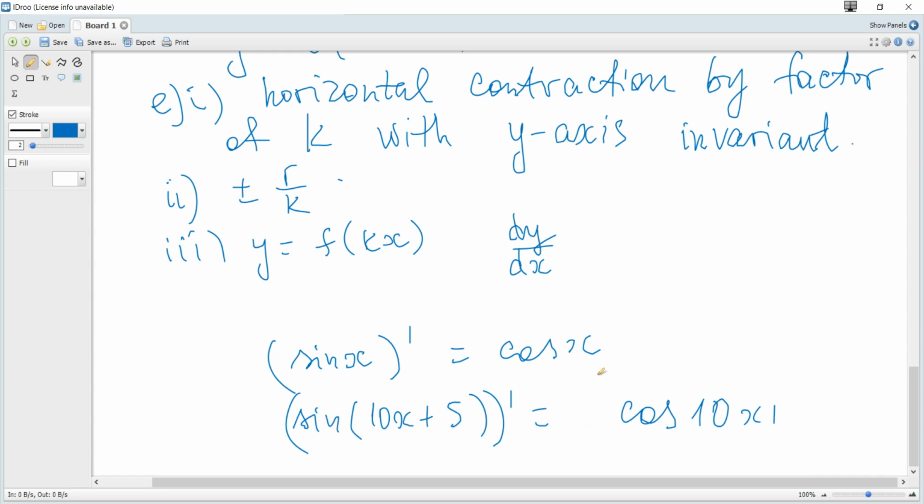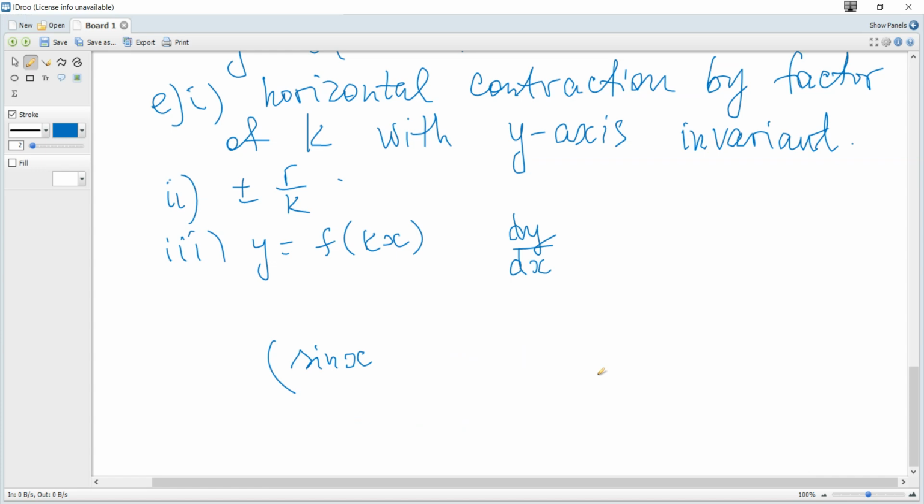So we can use the previous derivative, but we should use kx instead of x, and k arises in front. It's like sine x has derivative cosine x, and sine of kx has derivative k cosine of kx.